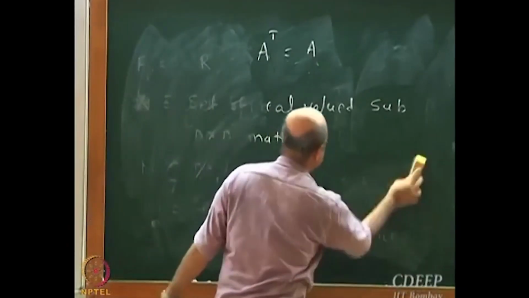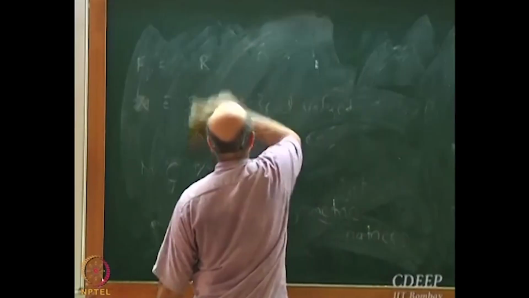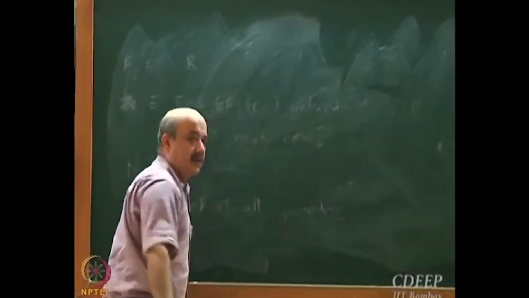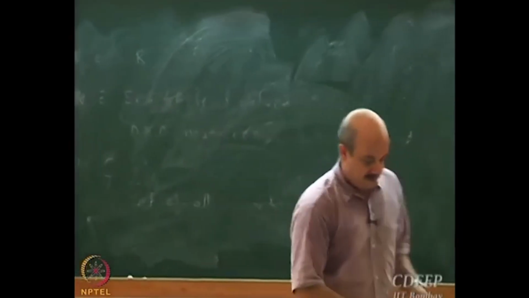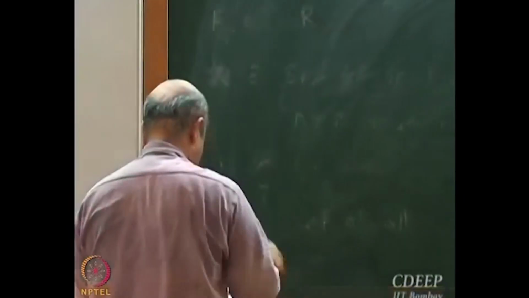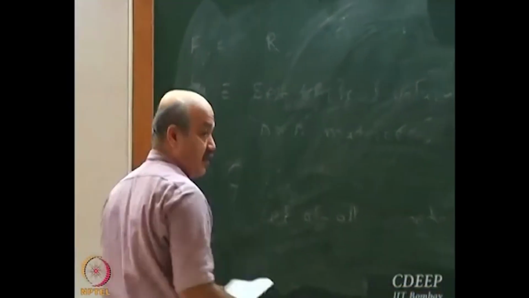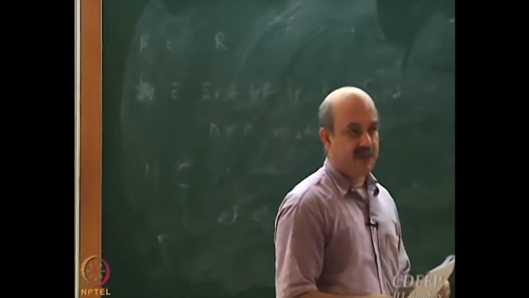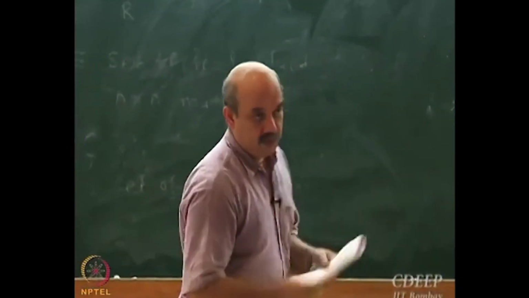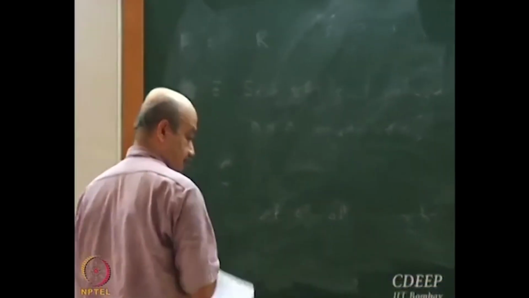After that, we will have to define what is called a basis set, and then move on. Now you should go through the notes. I have given many more examples of vector spaces. As I said, I'm not going to write everything onto the board. You should look at the notes.